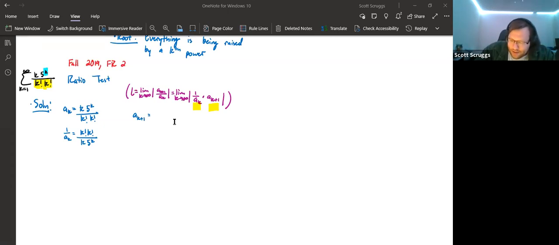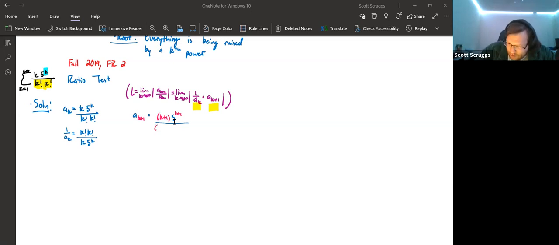So that means, and let's emphasize the k plus 1, wherever I see a k, I'm replacing it with k plus 1. So k plus 1, 5 to the k plus 1 power divided by, and in a of k, I have k factorial replaced with k plus 1.